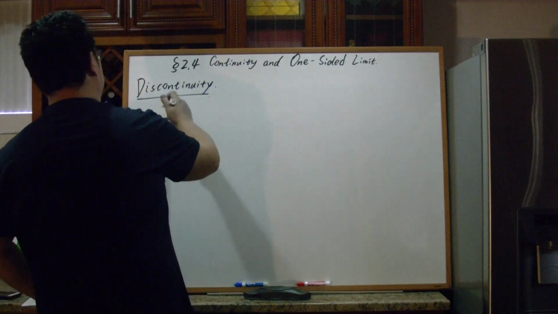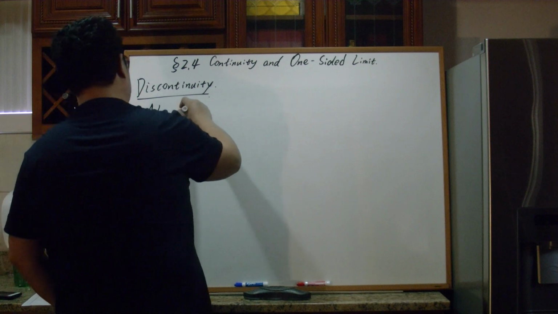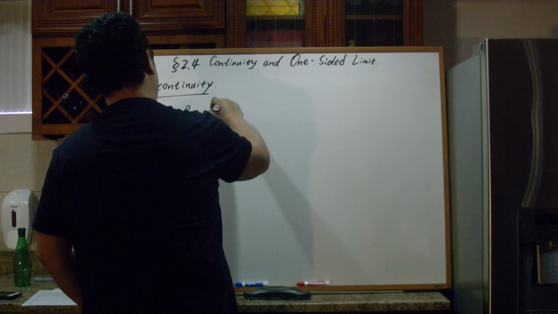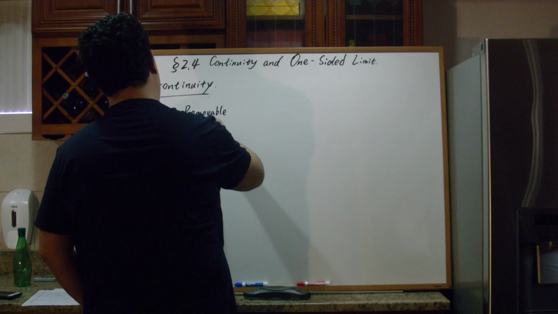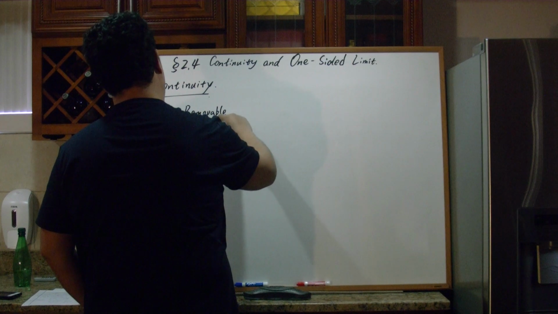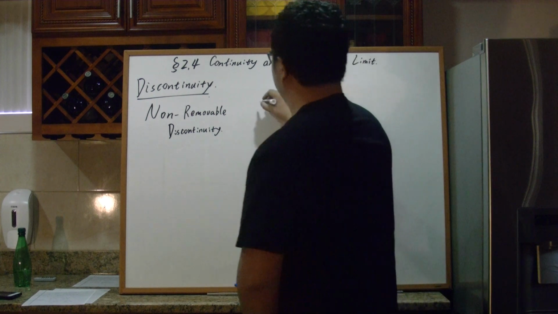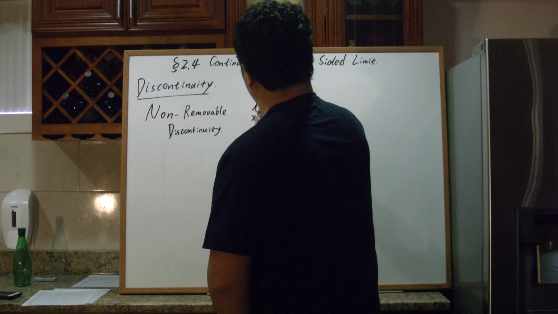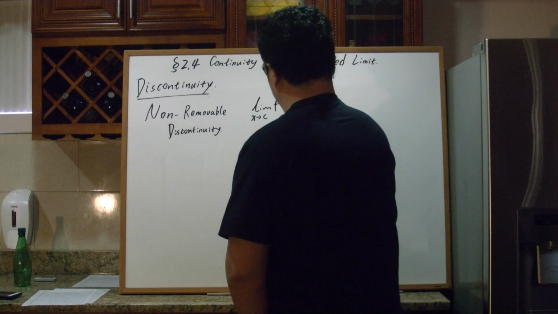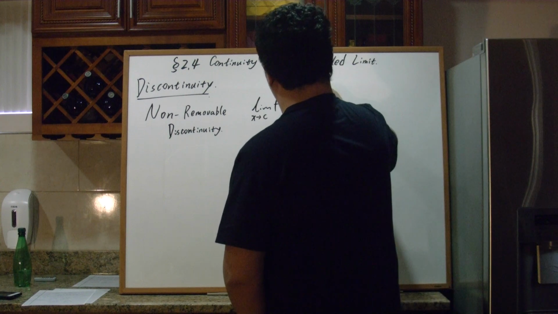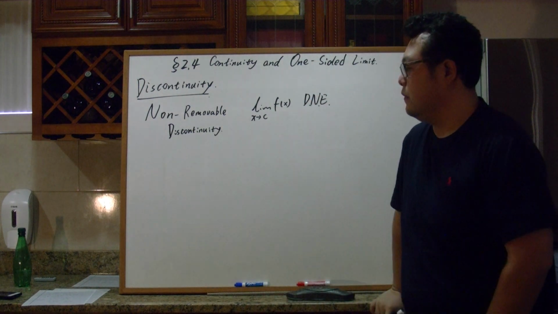Another type of discontinuity is called a non-removable discontinuity. A non-removable discontinuity especially has the limit of f(x) as x approaches c not existing.